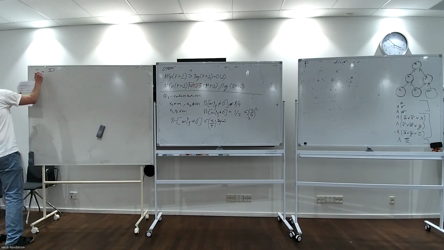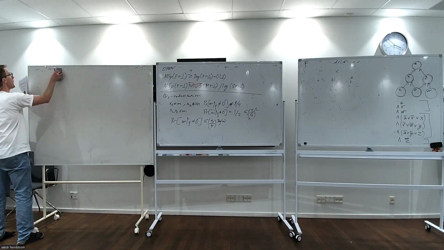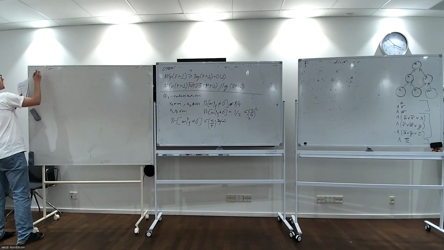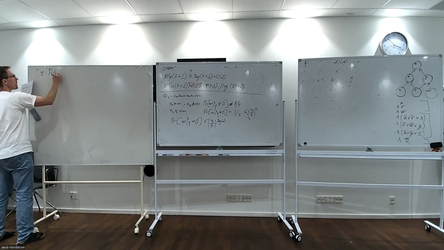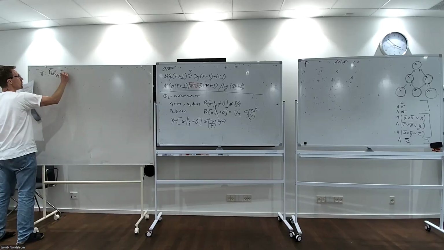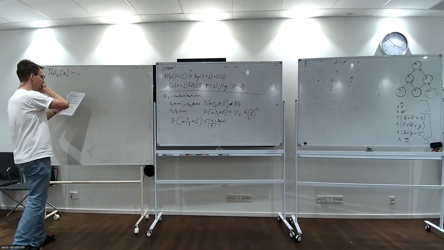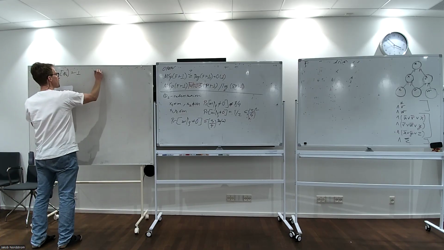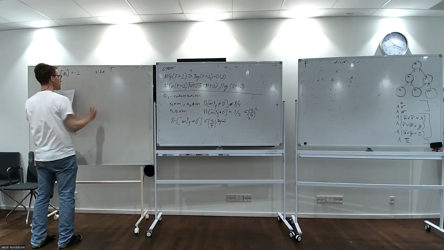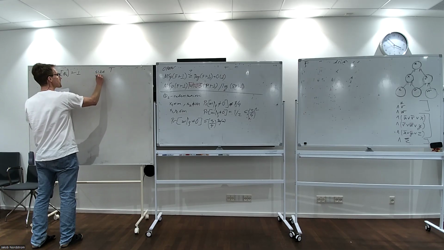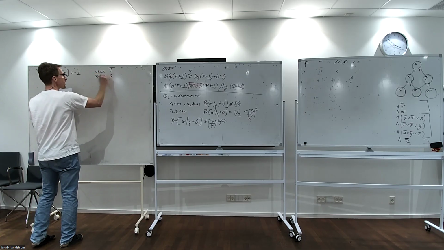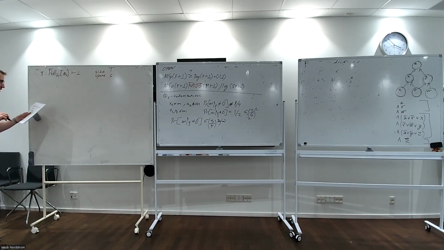So I start with a refutation of the pebbling formula with XOR, and let's say that it has size T, capital T, and monomial space S, lowercase s.